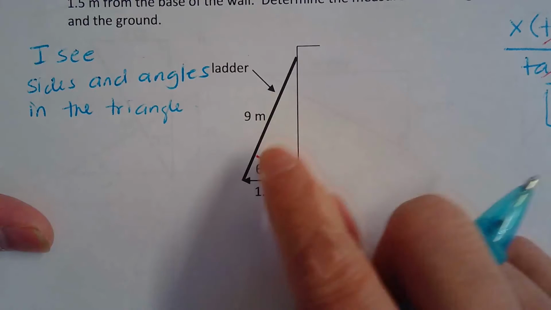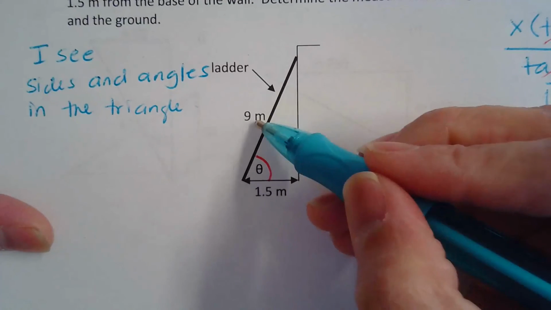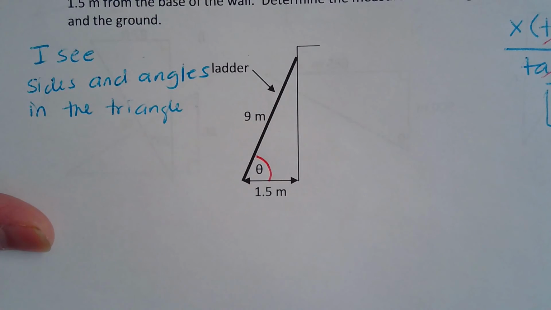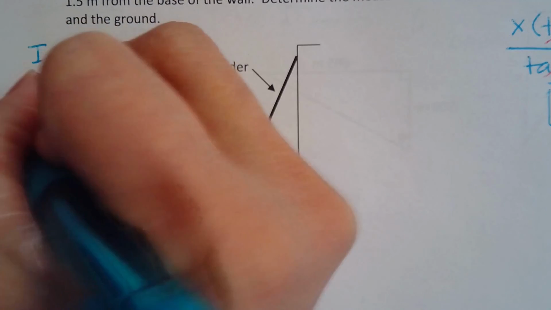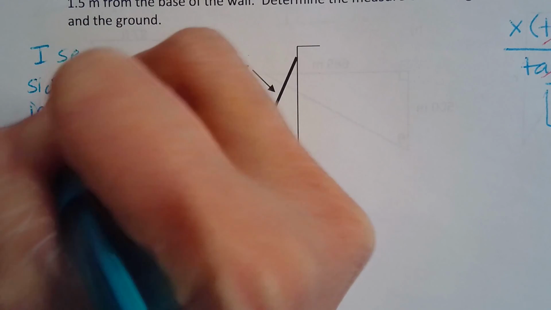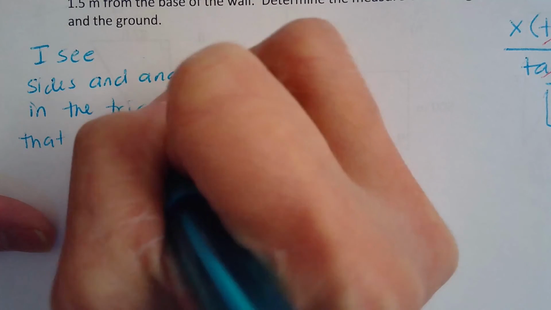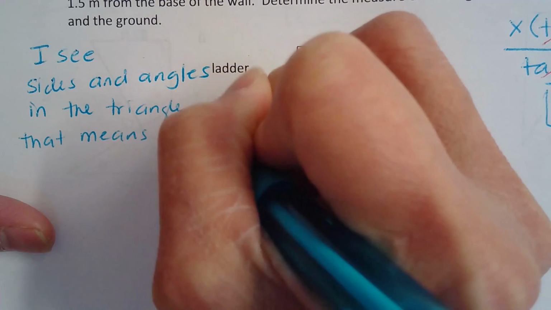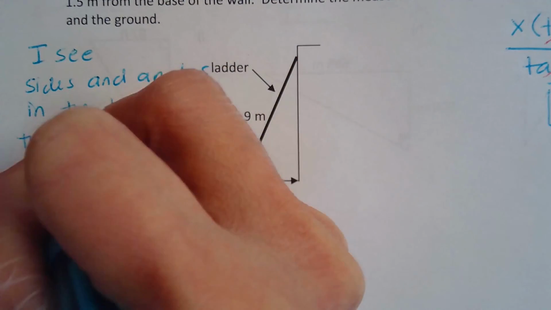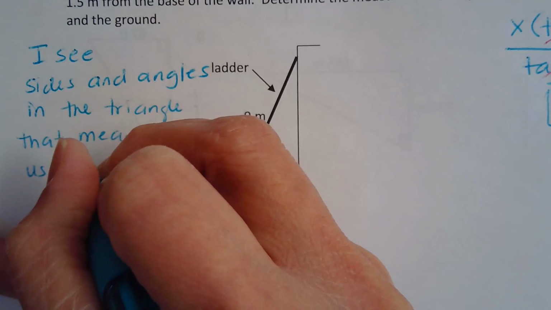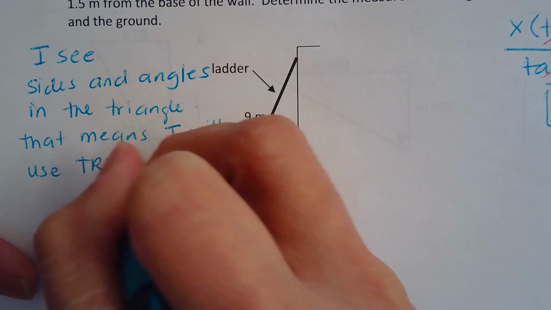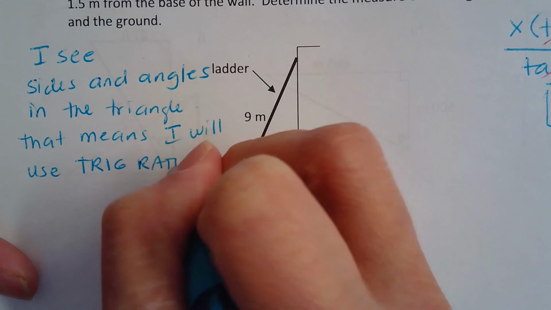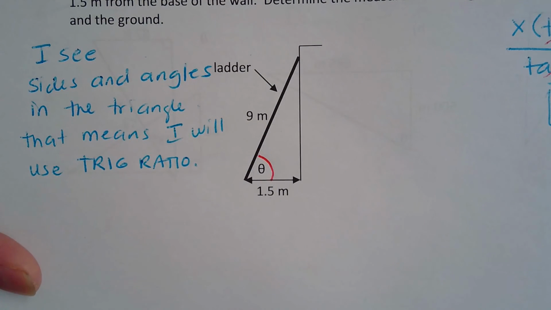Okay, I see sides and angles involved. So that means I will use trig ratios. Okay, one of the trig ratios.